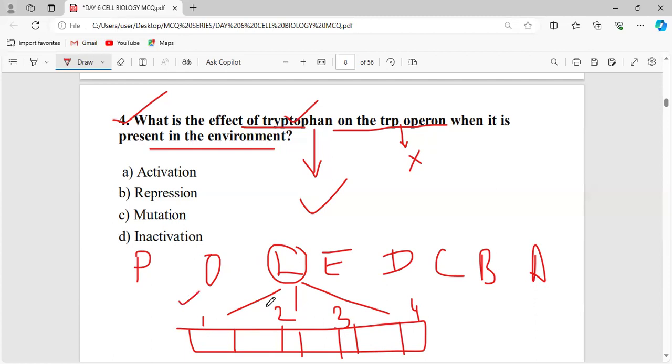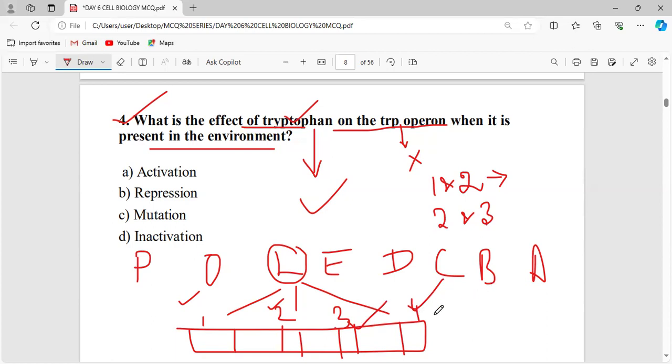When 1 and 2 are paired with each other, we get a passing signal. Okay, if 2 and 3 are paired, we get the anti-termination signal. And if 3 and 4 are paired, we get the termination signal.